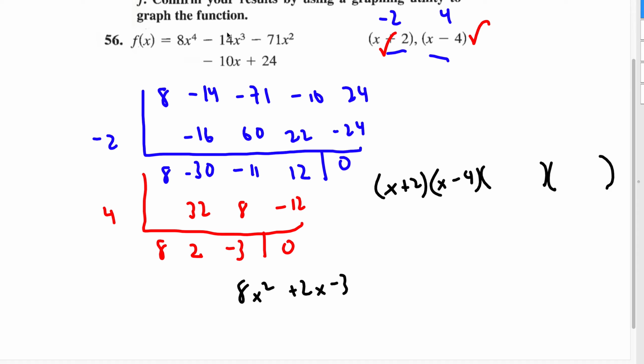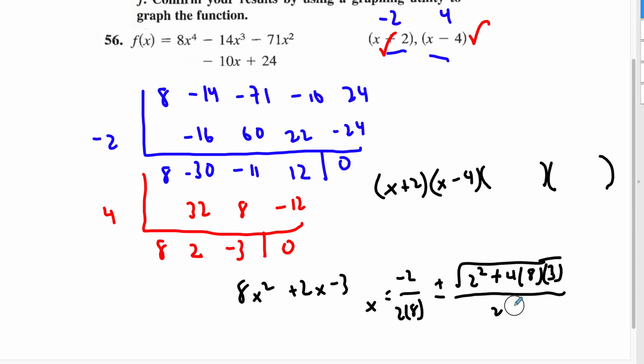So that would mean, and this sometimes happens, we know that the roots are going to be x equals opposite 2 over 2 times 8 plus or minus the square root of 2 squared minus 4 times 8 times negative 3, which makes that plus, right? 3, all over 2 times 8.